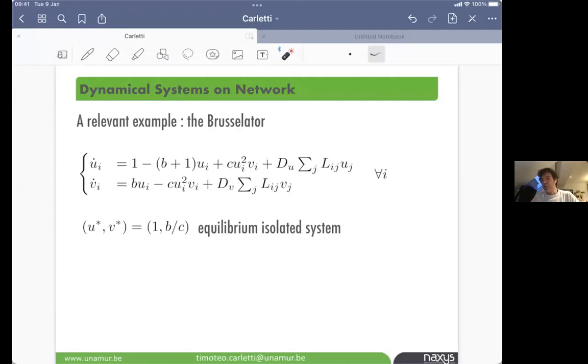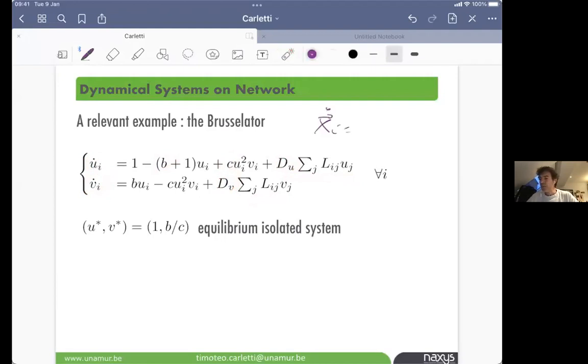So you have two species, U and V, that sit on each node i of your network. B and C are the parameters of your model, the reaction part. And then du and dv are the diffusion coefficients of your model. And then you have this diffusive coupling like before. So this is exactly the model that I showed you before.